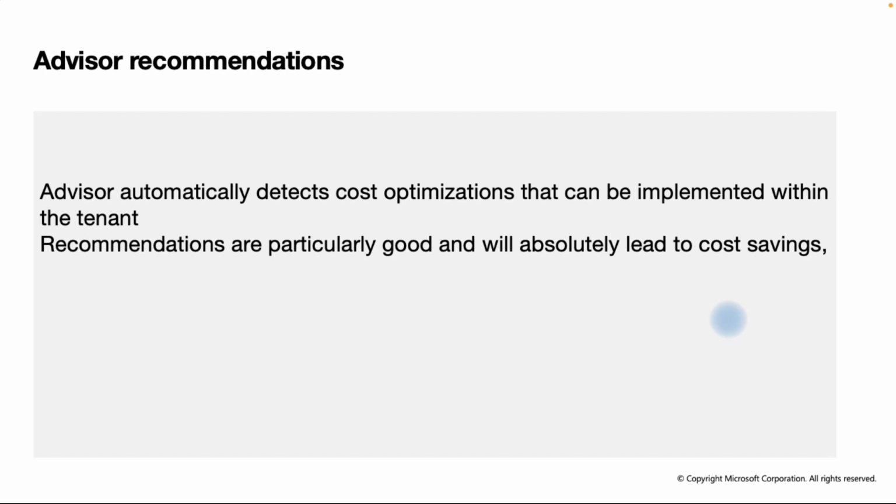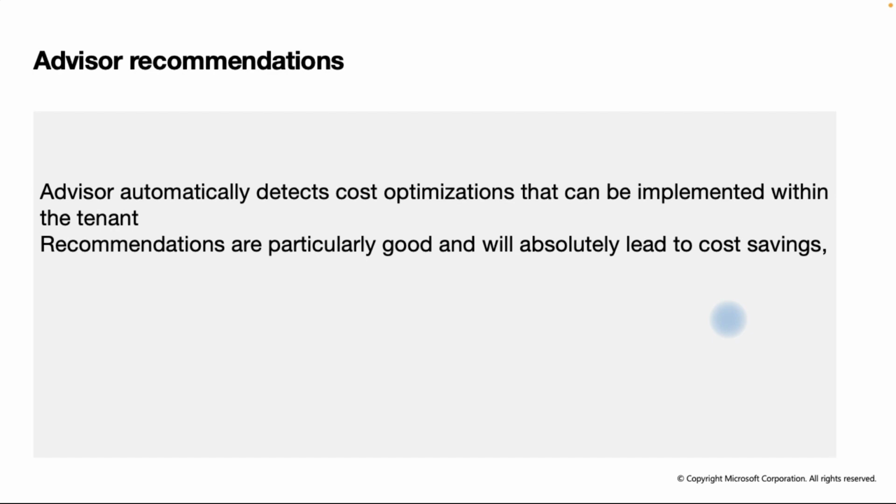It is a good example from Microsoft, because Microsoft always supports cost cutting. You will check each recommendation and resolve it to reduce the cost. So advisor recommendation is one of the important ones.